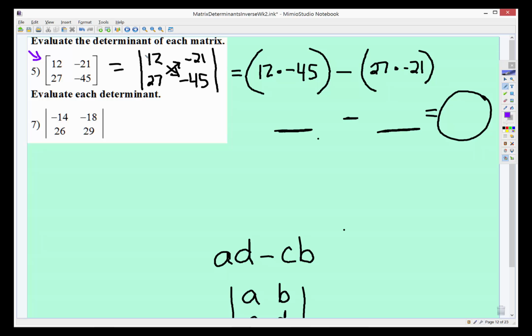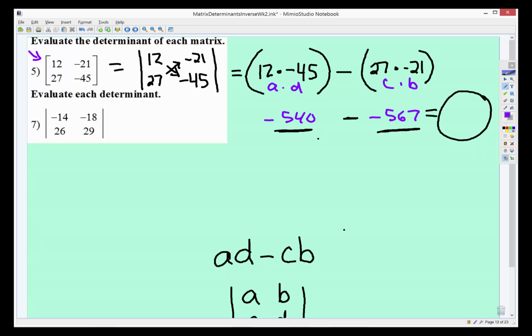I just switched it to determinant form, put all the same values into the determinant form, and then this is A times D, subtract C times B. Alrighty, so we have 12 times negative 45 equals negative 540, subtract 27 times 21 is negative 567.